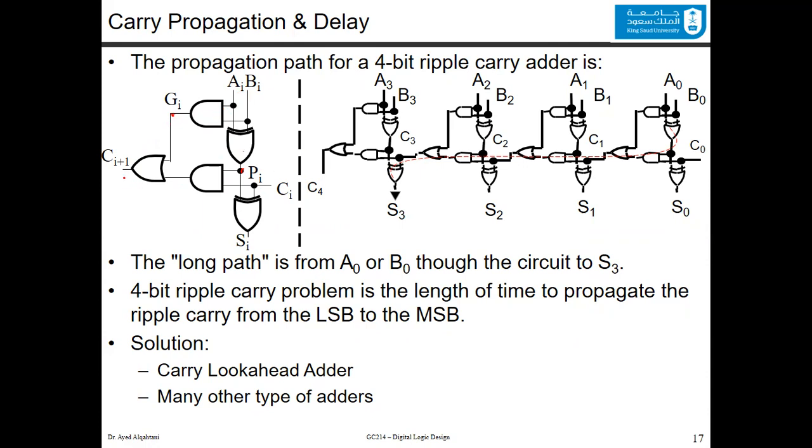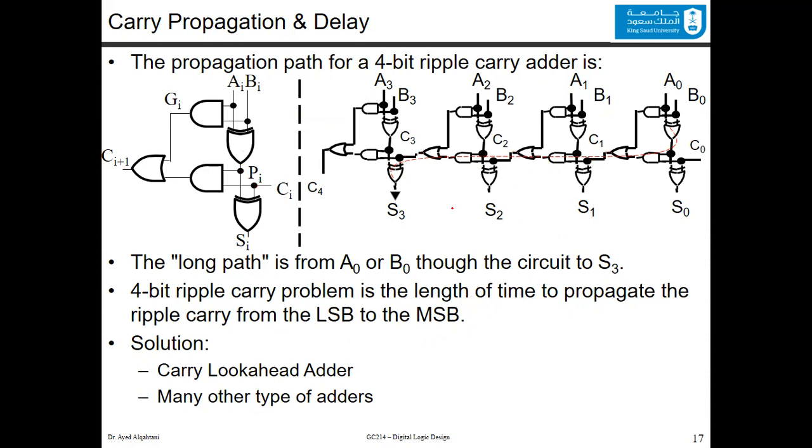This is also the generate signal after the AND between the A and B. Now we connected the carry output of each bit to the carry input of the next cell, and you can see that this connection is going to the carry input of the next stage, similarly here and also here.